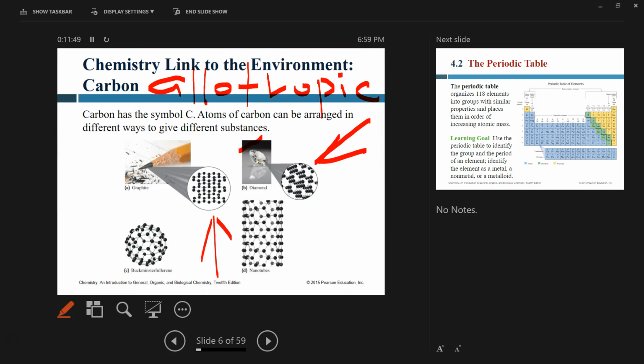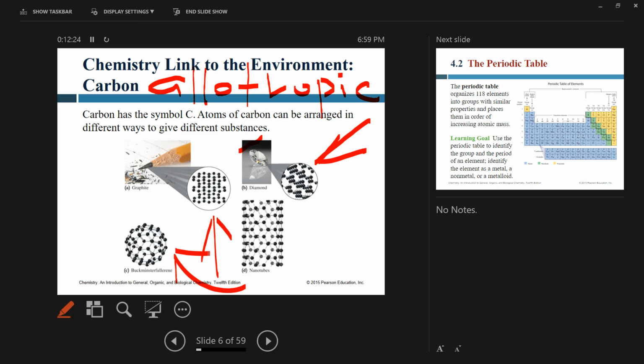Now, there is another form of carbon called fullerenes. For instance, the Buckminster fullerene looks like a soccer ball. They have some really interesting chemical and physical properties. But it's all different forms of one single element, carbon. Does that make sense? Now, I'm desperately trying to think of any other example of allotropic modifications of an element.